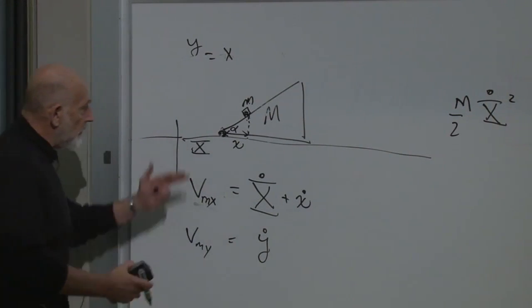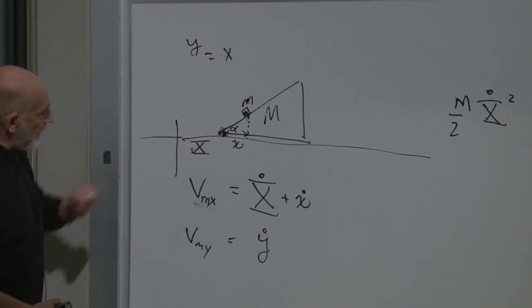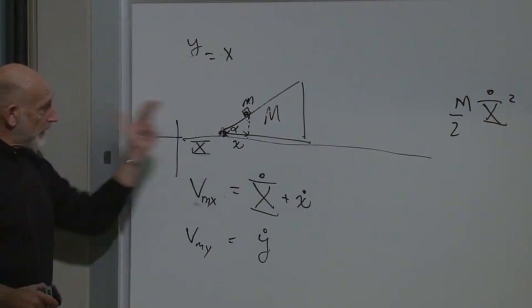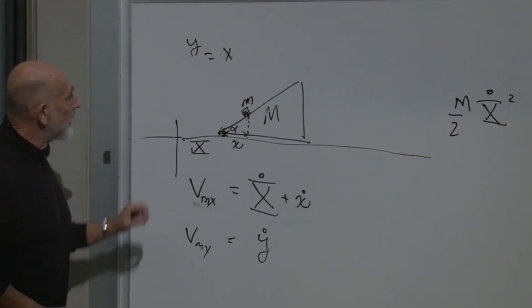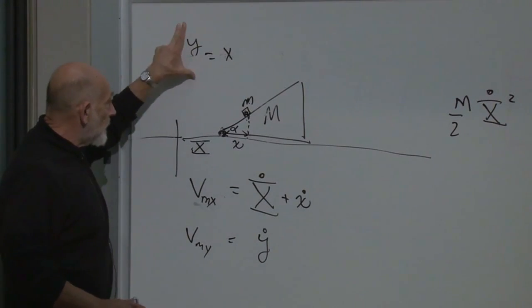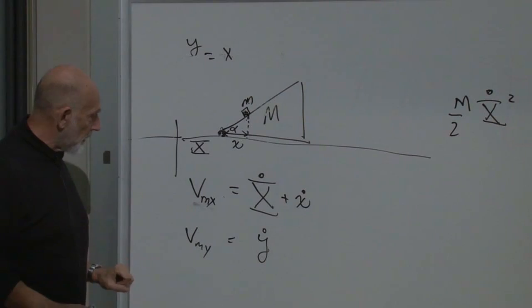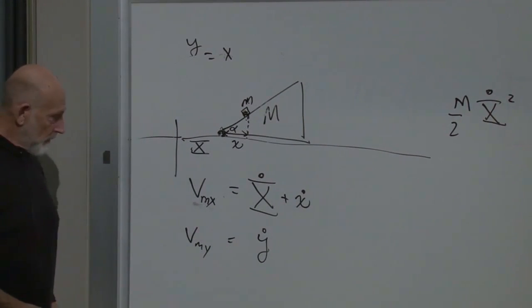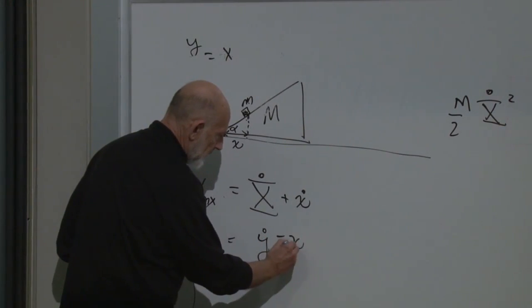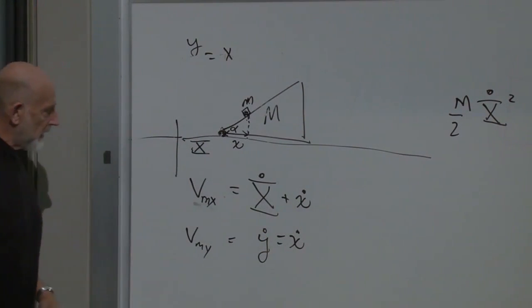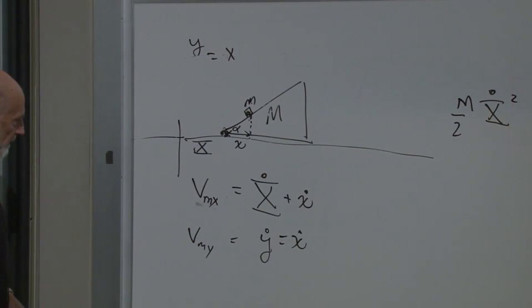It does not have a component from capital X. Moving capital X causes no vertical motion of little m here. So the vertical motion of the particle is strictly y dot, which is equal to x dot, or tangent alpha x dot if I kept the angle around.